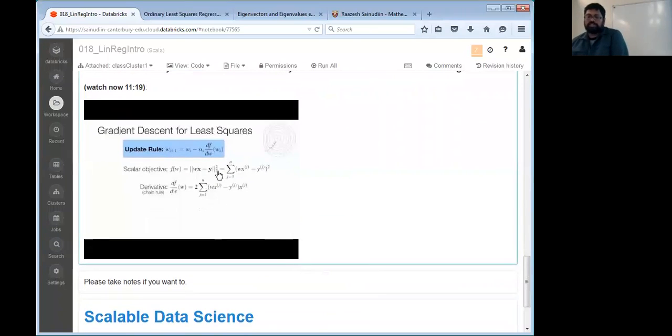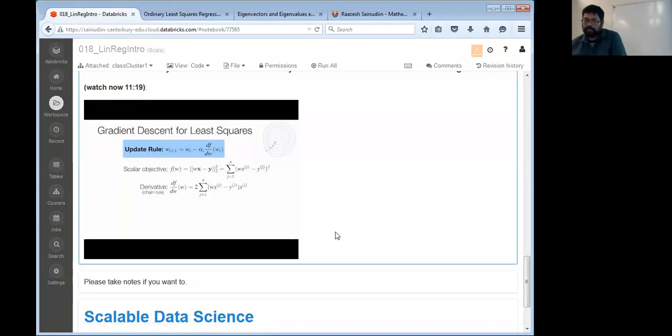But the idea is quite simple. So with gradient descent, essentially what we want to do is have some update rules. The slide shows that you want to propose new weights from the existing weights by using the gradient and going along the path of steepest descent. That's essentially the idea.